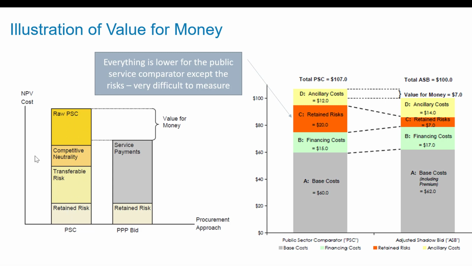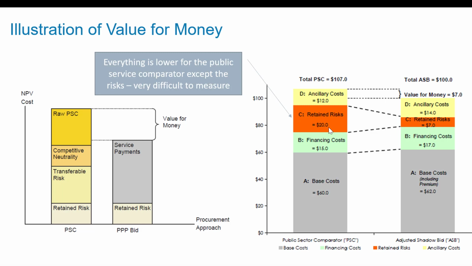And then there's some competitive neutrality because you have to take out the taxes that the private company would pay and all that kind of stuff. All right, you have a base cost. The financing costs are more for the private company. We saw that in our little model. Other costs are more. Every cost is more until we get to the retained risks.